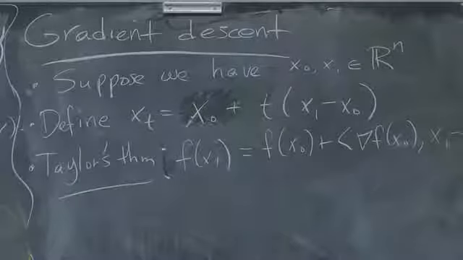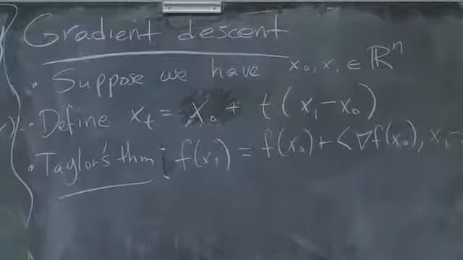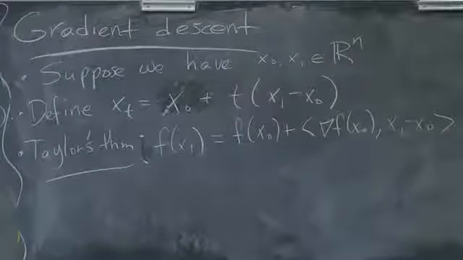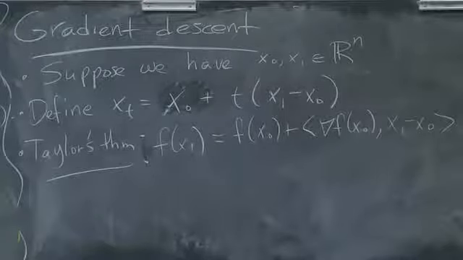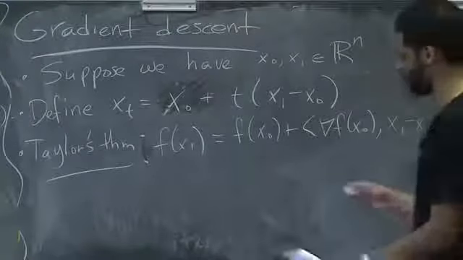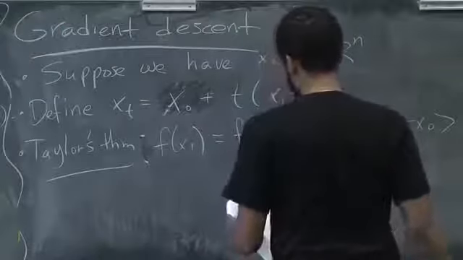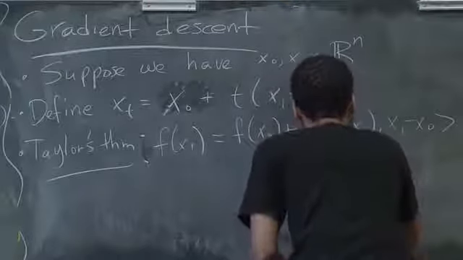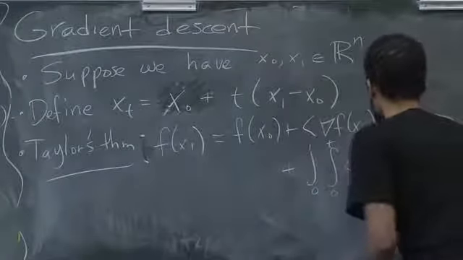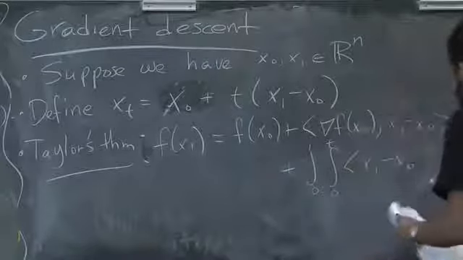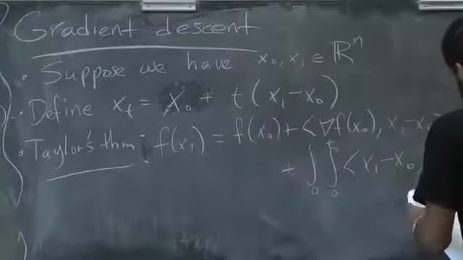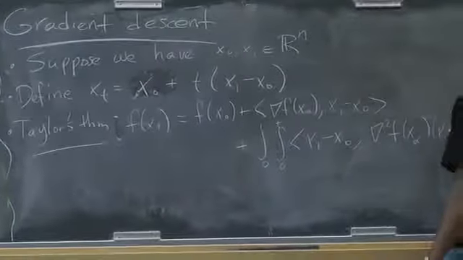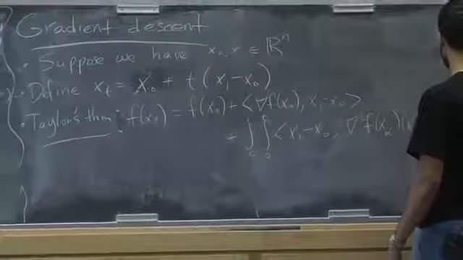And then there's an error term, which you can write explicitly. With Taylor's theorem with remainder, this error term is the integral from 0 to 1, the integral from 0 to t, of x1 minus x0 times the Hessian at some x alpha, times x1 minus x0, d alpha dt.